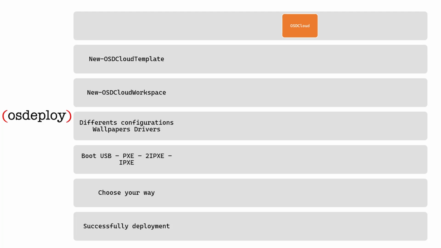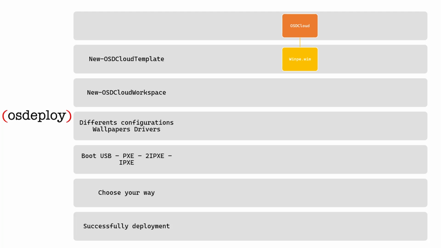The first step is to create a new OSDCloud template. So you need to use the ADK WinPE.wim and we create a specialized one with language, parameters, and settings for all the current system.